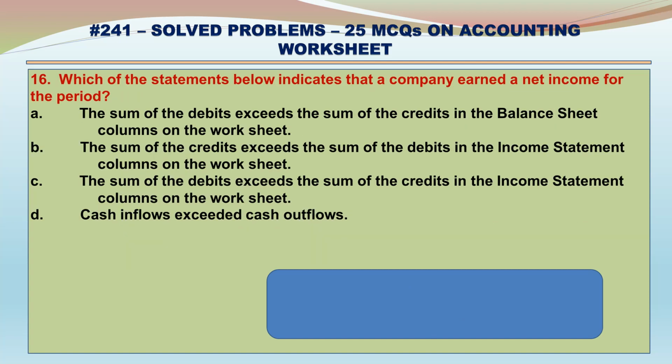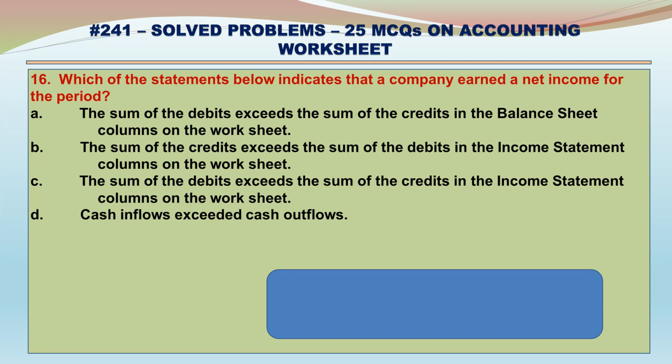16. Which of the statements below indicates that a company earned a net income for the period? Option A. The sum of debits exceeds the sum of credits in the balance sheet columns on the worksheet. Option B. The sum of credits exceeds the sum of debits in the income statement columns on the worksheet. Option C. The sum of debits exceeds the sum of credits in the income statement columns on the worksheet.